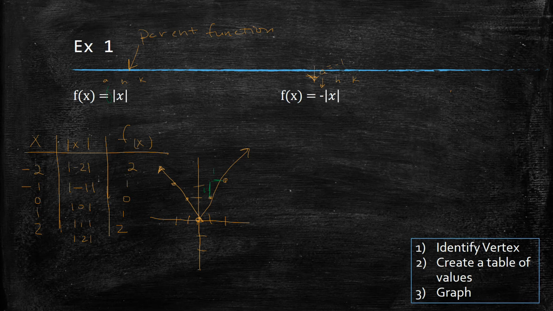So let's see how that affects your table of values. Okay, so x, negative absolute value of x, f of x. -2, -1, 0, 1, 2. Now here the negative is on the outside, not on the inside. So that's going to change what you have.